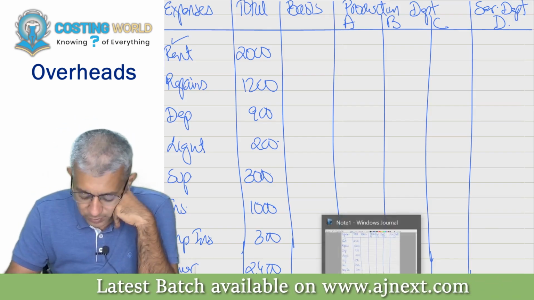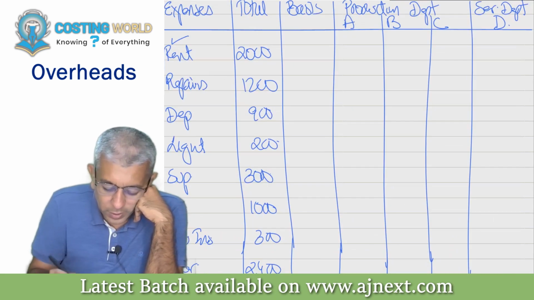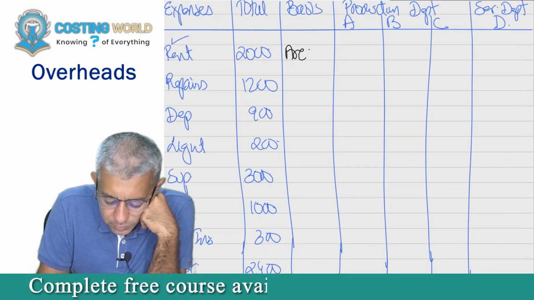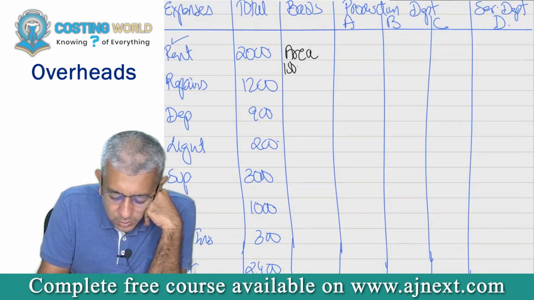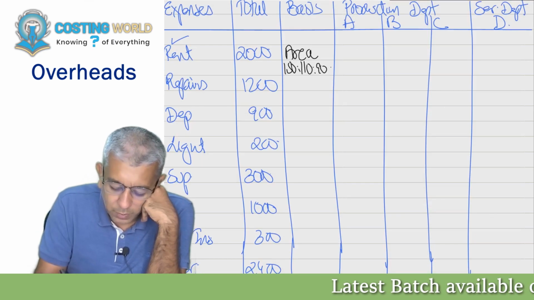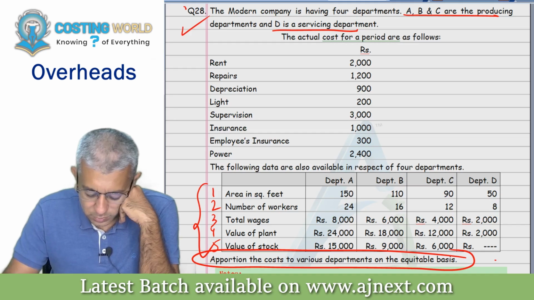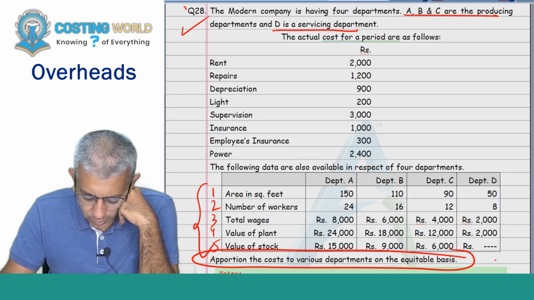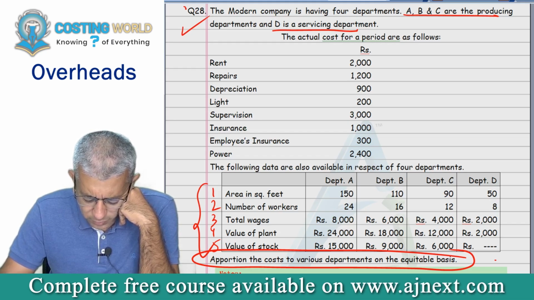Okay, rent. You tell me, rent you're going to divide in what ratio? 1. So write down over here: area. 150 is to 110 is to 90 is to 50. Use calculators at a later stage. Tell me repairs. 4. I think apart from 4, nothing will make sense, because repairs will usually be of plant.